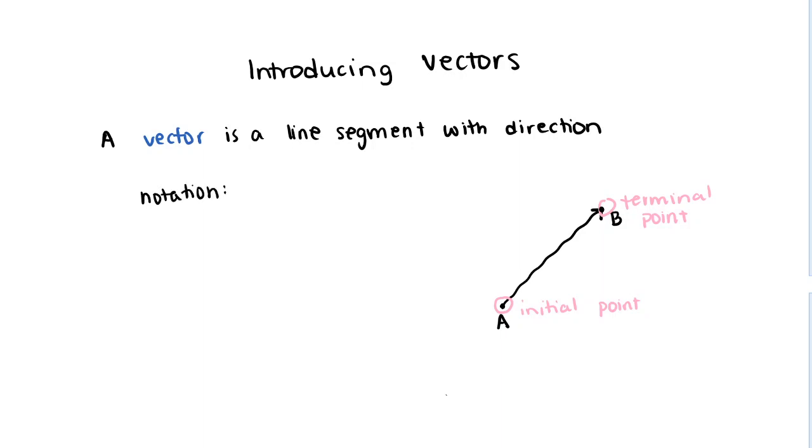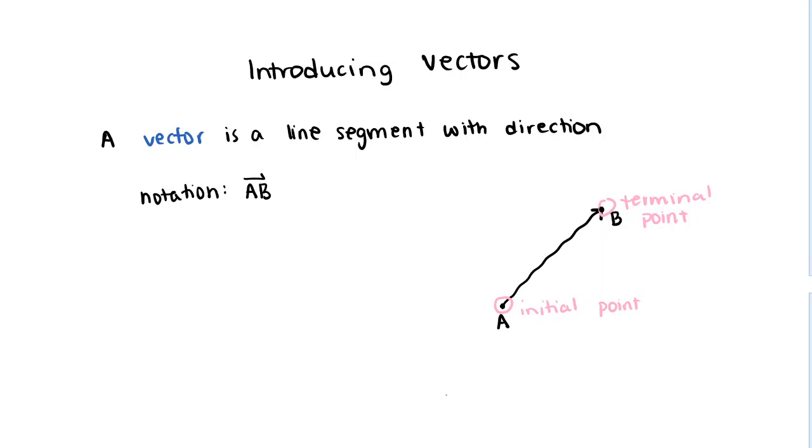This vector that we have on the right here, sometimes we might label it with AB, the initial point and then the terminal point, and we'll put a little arrow on top. The first letter is the initial point, the second letter is the terminal point.